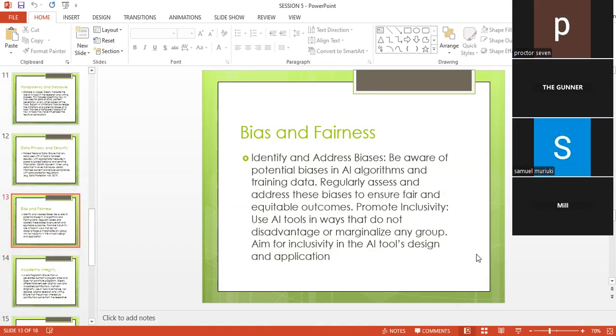And then bias and fairness. Identify and address biases. Be aware of potential biases in AI algorithms and training data. For example, you discover that because AI comes from the West, it will give you a lot of sources from the West. There are some things it may not understand, and so we also need to have local sources.